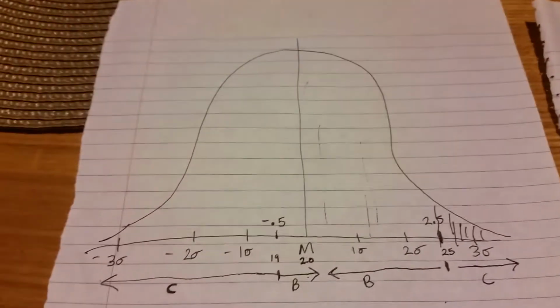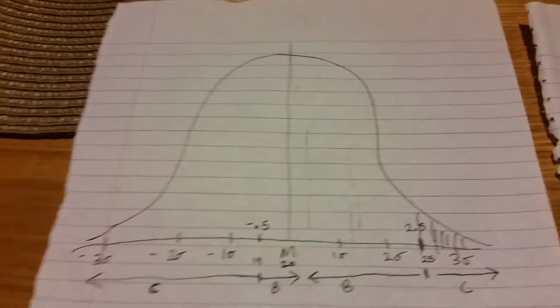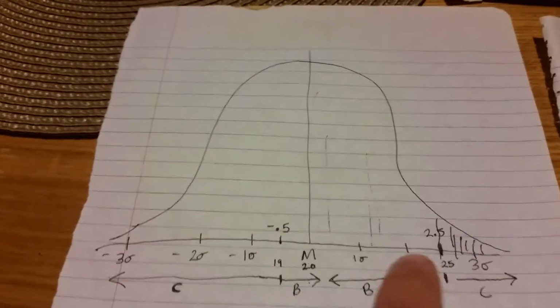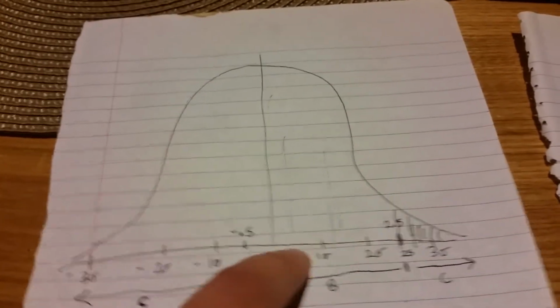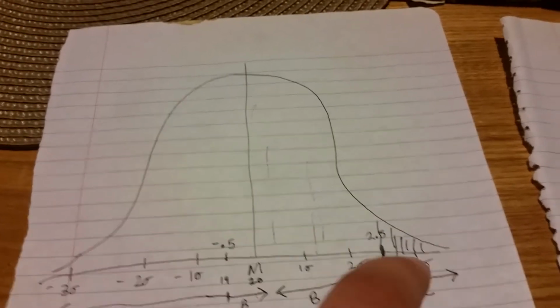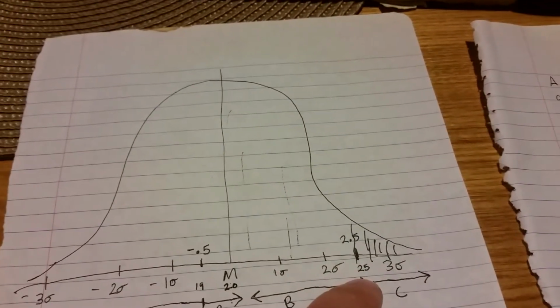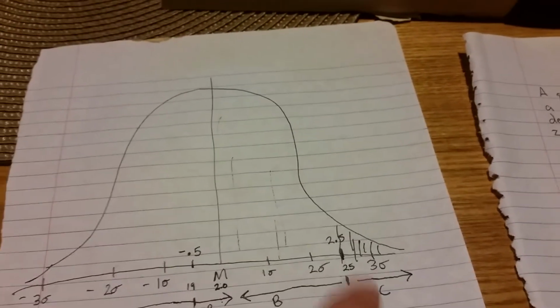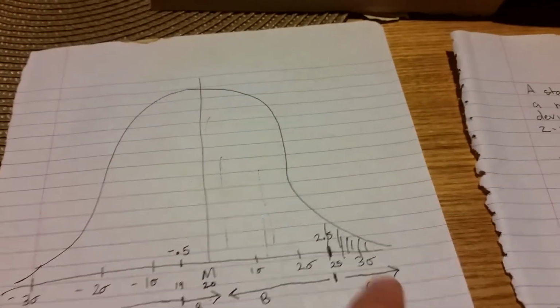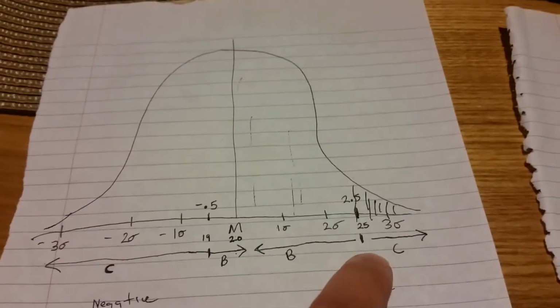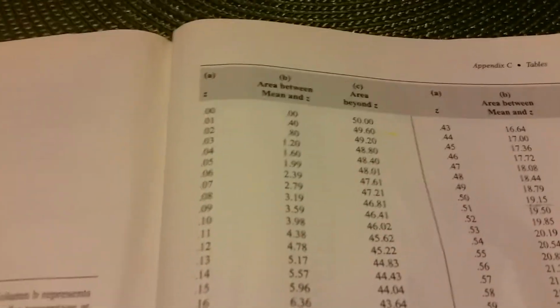Again, let's go to our standard normal distribution here just to give you a sense of what that means. Column B is simply that area right here, from the mean to the z. Column C is from the score to the end of the distribution. So it is the other side of the z, right? Simple as that. And that is what these 2 columns show us.